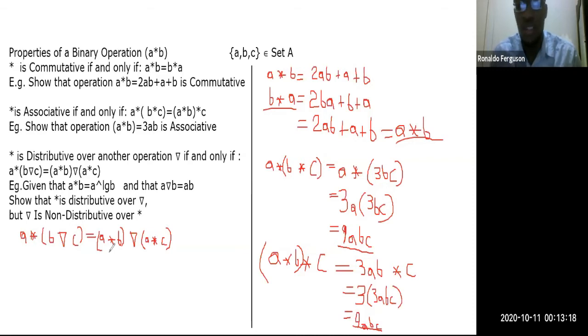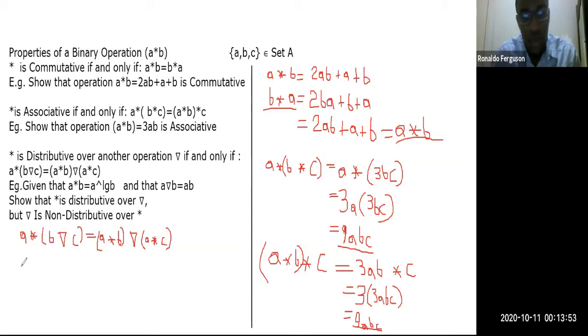So this is going to be distributive if star is distributive over delta, if A star B delta C is equal to A star B delta A star C. Now also delta can be distributive over star if we had A delta B star C equal to A delta B star A delta C. So they could also ask you for that to show that delta is distributive over star. Well, let's check if this is true.